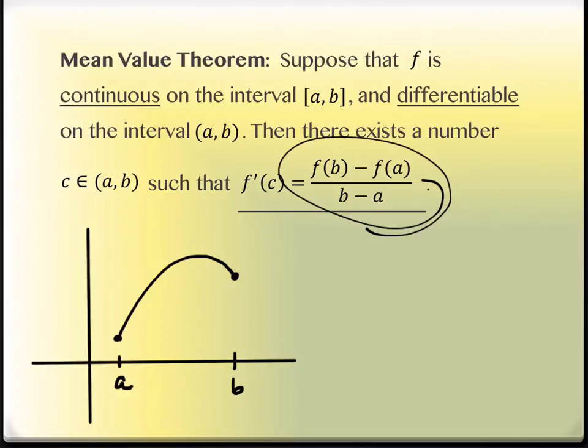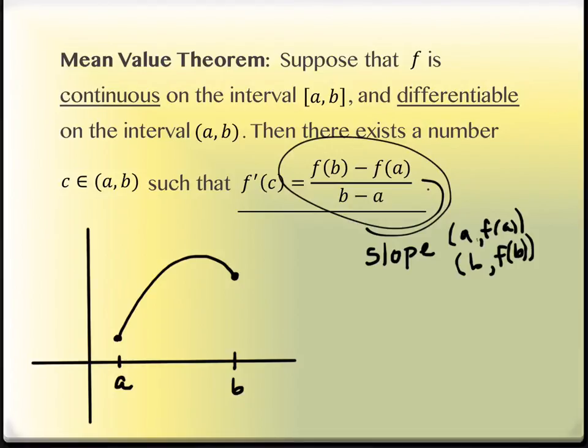You've seen it before. What is f of b minus f of a over b minus a? It's what? It's the distance in the y values on top and the distance in the x values on bottom. It's slope. This is just a fancy way of saying the slope between a, f of a, that ordered pair, and b, f of b.